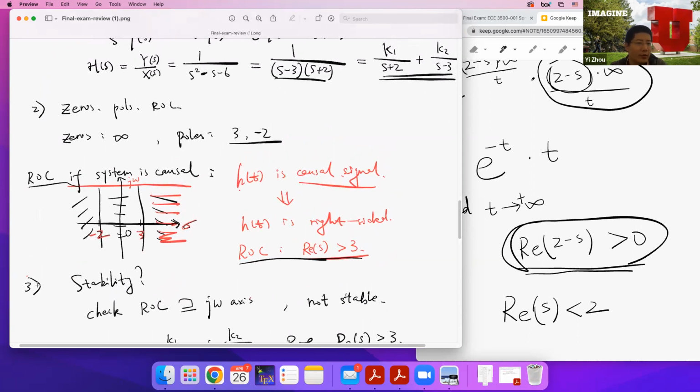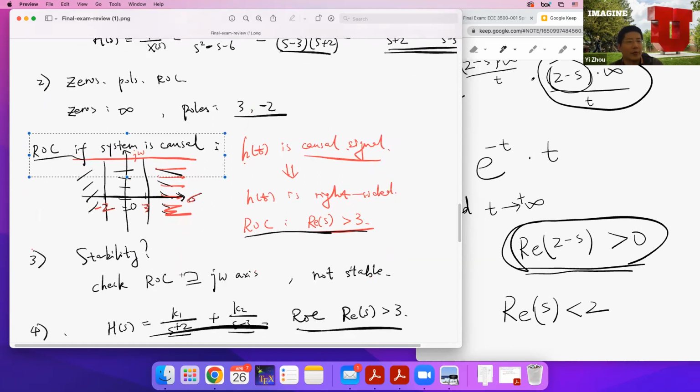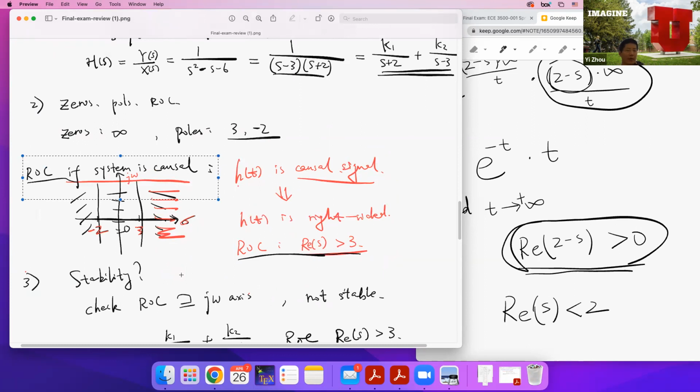And the third question is continuing this one. Now, given such a causal system, is it stable? So check the stability of the system. And for Laplace transform, we know that stability means the ROC must include the y-axis. Right? ROC must include the y-axis, the j omega imaginary axis.